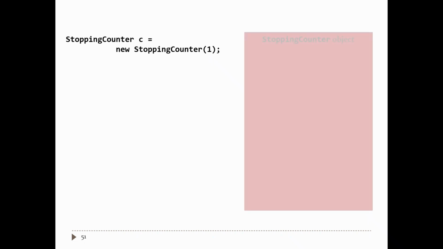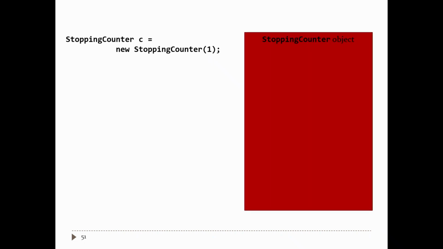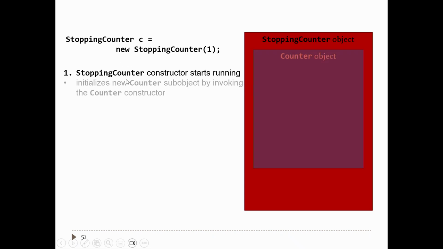So what happens when you run this line of code? Well, there's a call to new. And remember what new does. New makes an object. It allocates memory for an object. So in this case, it allocates memory for a stopping counter object. So that's my big red box here. New then calls the stopping counter constructor. So our stopping counter constructor starts to run.